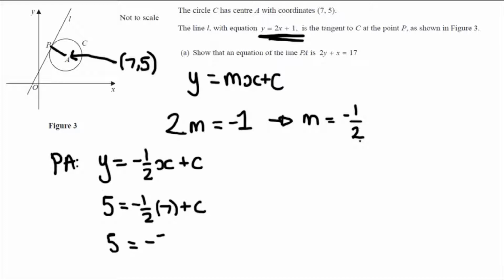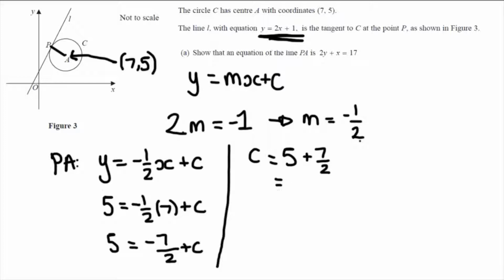So we have 5 is equal to minus 7 over 2 plus c. Then we get c is equal to 5 plus 7 over 2, which gives us 17 over 2.